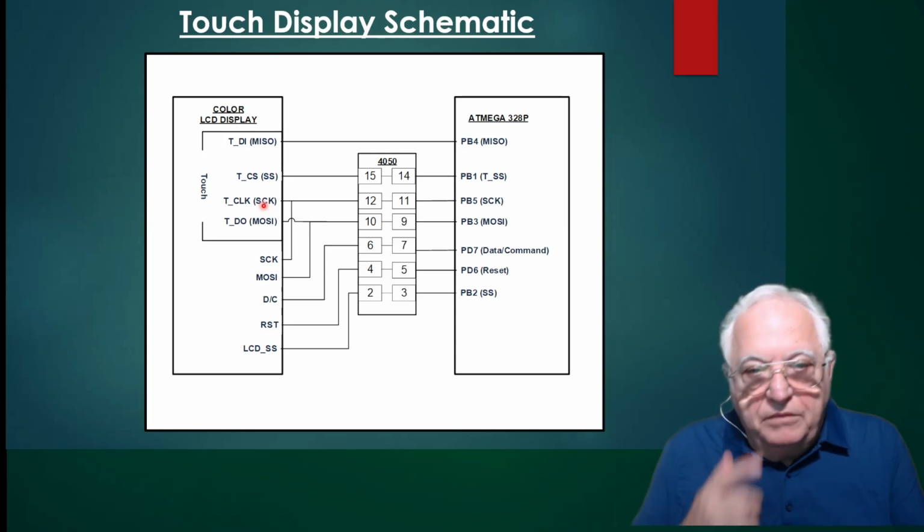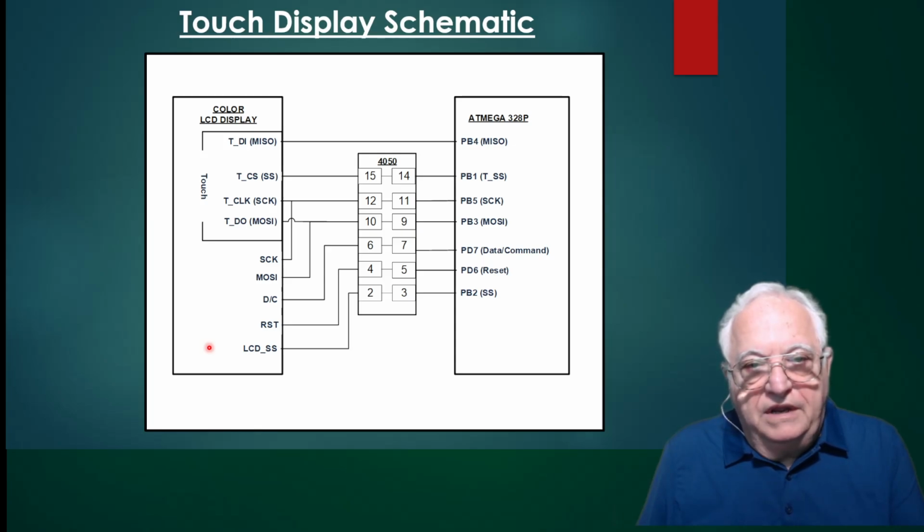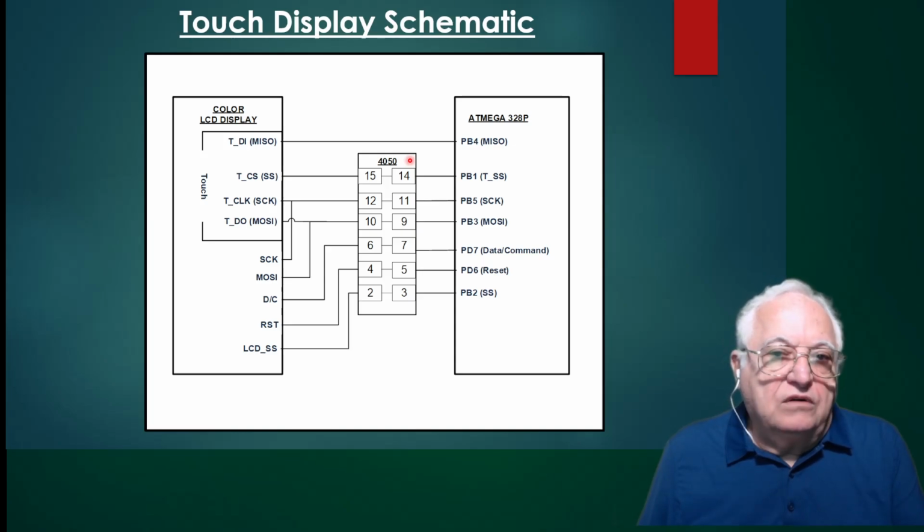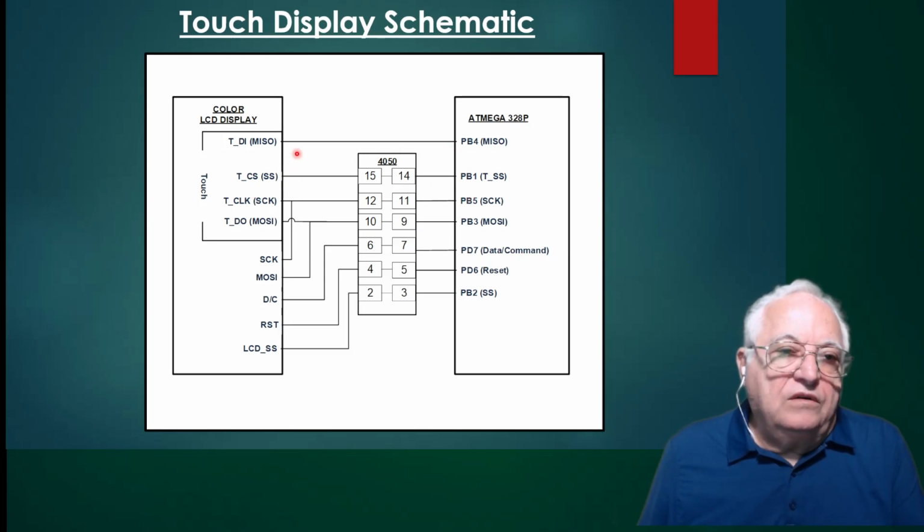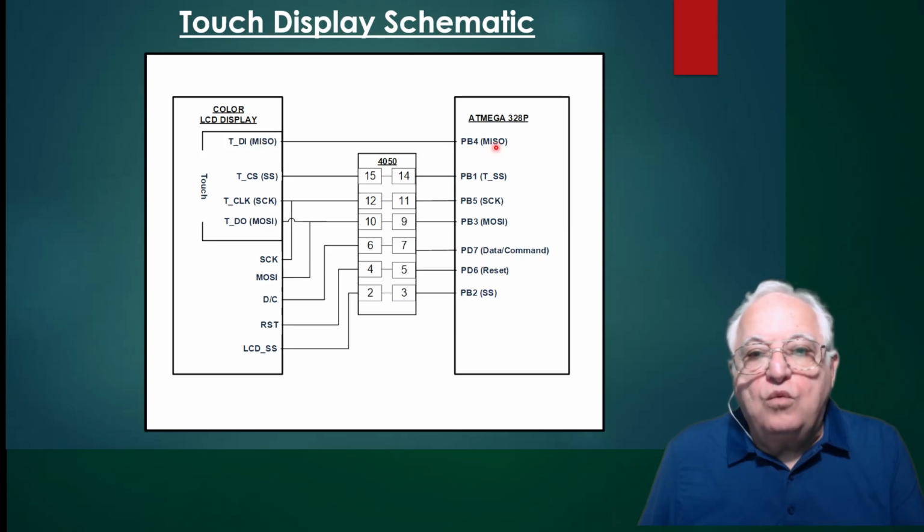Now the important thing about this is that the display is a 3-volt display. So you need to use this 4050 chip to go from the 3 to the 5 and the 5 to the 3. Now in the case of the MISO, you can go directly because the MISO just goes one way, and the ATmega328 has no problem reading the 3-volt LCD display MISO. The rest of the signals have to go through the 4050.